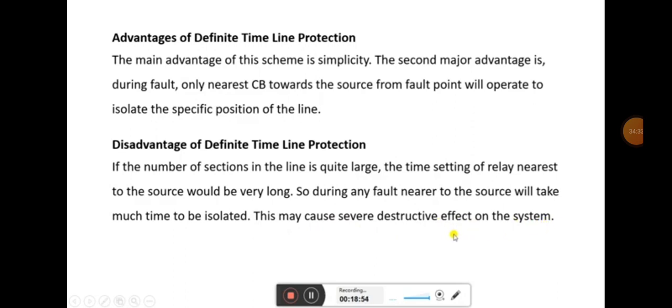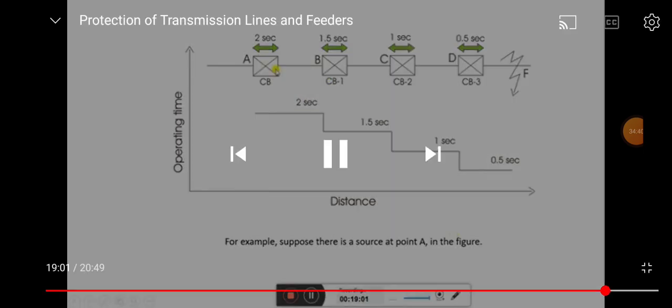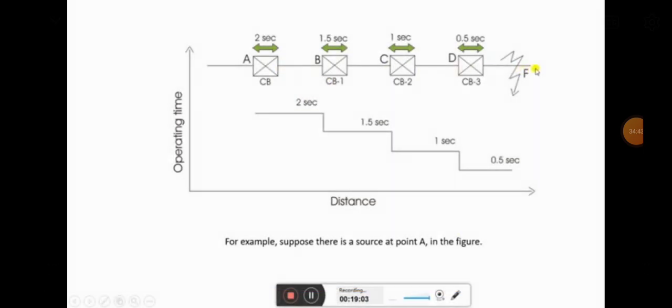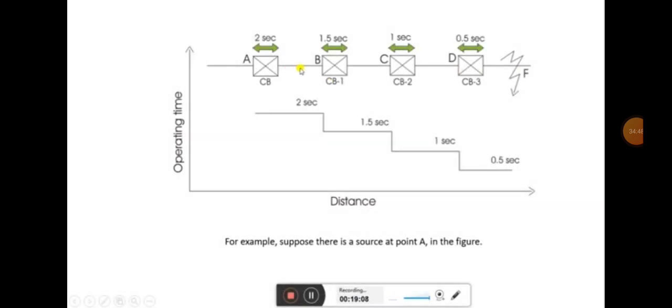So let us go back to this diagram. He wants to say that if the span of this transmission line is very long, then we have to divide this line into so many sections. So we have to provide many circuit breakers in the long transmission line, and accordingly divide the time setting for each circuit breaker.